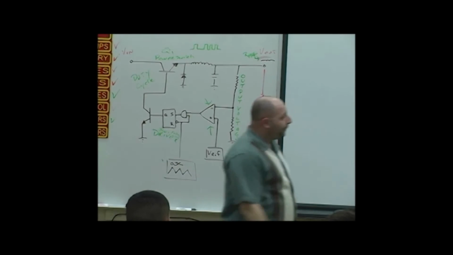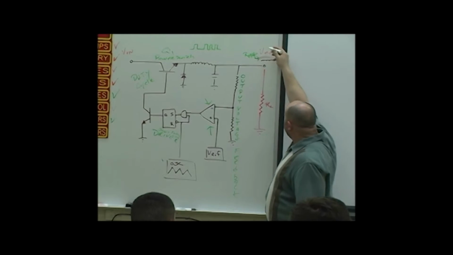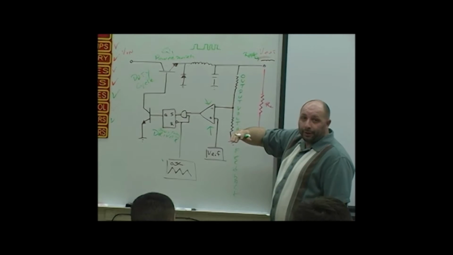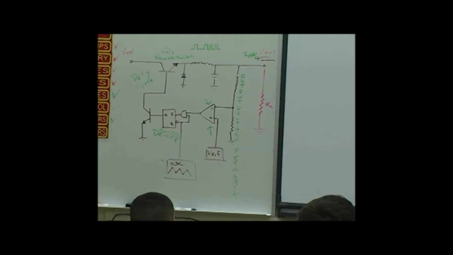So now, a couple of things over here. Switching regulator, DC-DC converter. If the level of output decreases, in other words, this output voltage right here, what do I want to do? I want to bring it back up. So the duty cycle, to keep it short and sweet, has to do what?